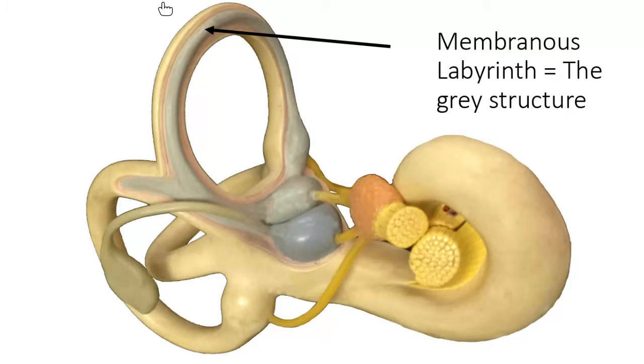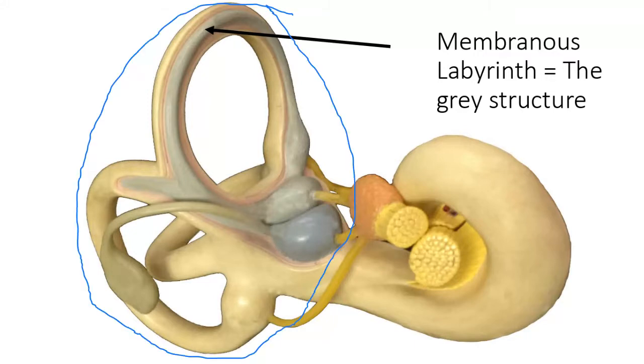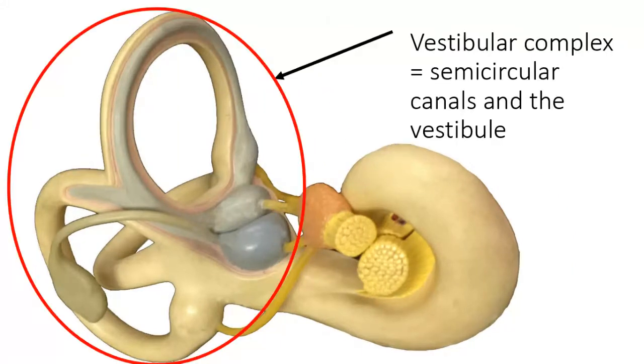Now when we're talking just about the vestibular system, just this structure over here, we refer to that as the vestibular complex. That includes the semicircular canals, and remember the vestibule, which is made up of the utricle and the saccule. That's the vestibular complex.